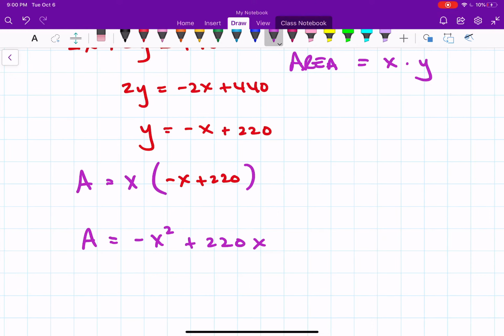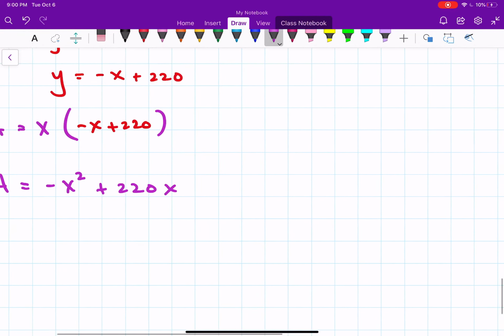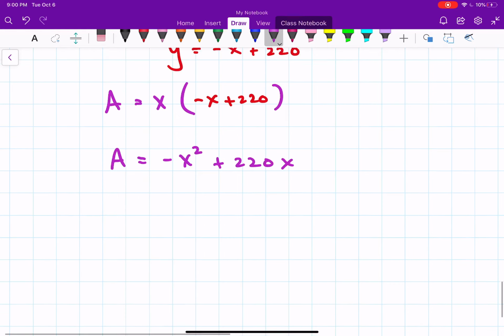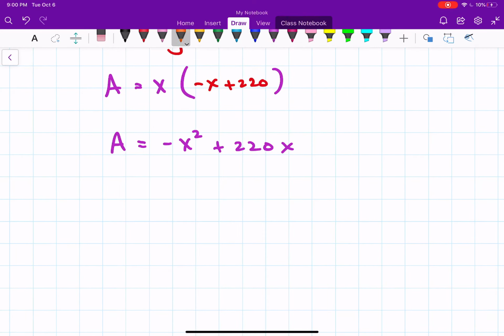Ooh, that looks like a quadratic, huh? Oh, wait a minute, look. Do you guys see this? a is -1, which means that this is a frown, right? So let's point that out right now. a is less than 0, so a frown.